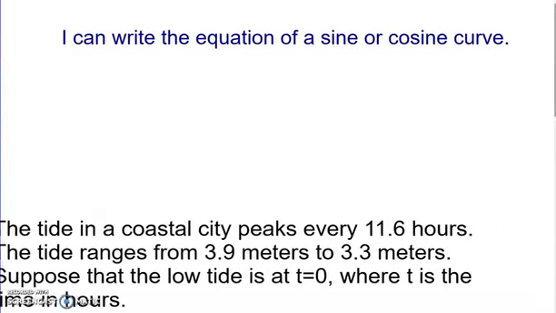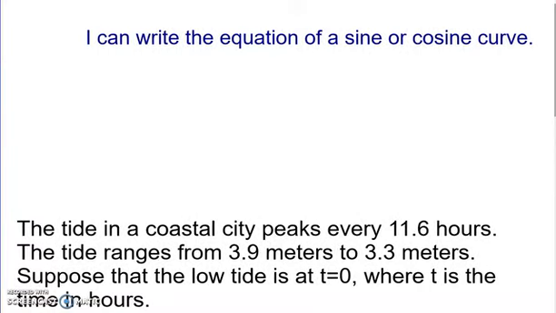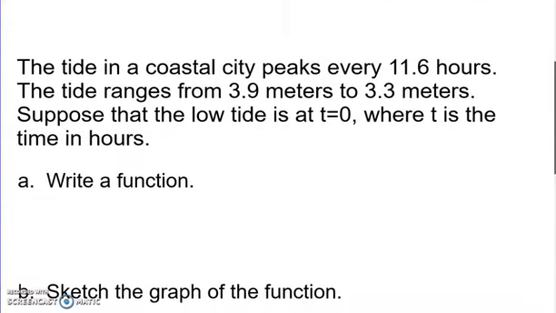In this last video, we're going to go over how to convert from word problems to functions. And this is dealing with just the sine and the cosine curves. So let's take a look at this problem. The tide in a coastal city peaks every 11.6 hours.